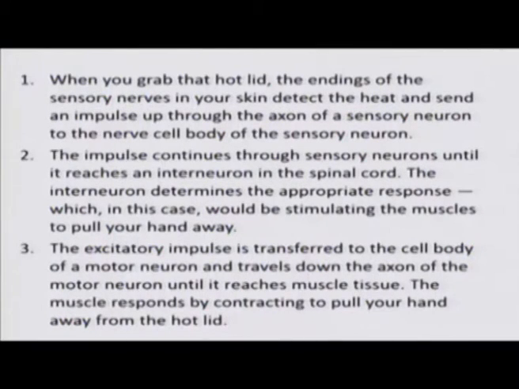The interneuron determines the appropriate response, which in this case would be stimulating the muscles to pull your hand away. 3. The excitatory impulse is transferred to the cell body of a motor neuron and travels down the axon of the motor neuron until it reaches muscle tissue. The muscle responds by contracting to pull your hand away from the hot lid.